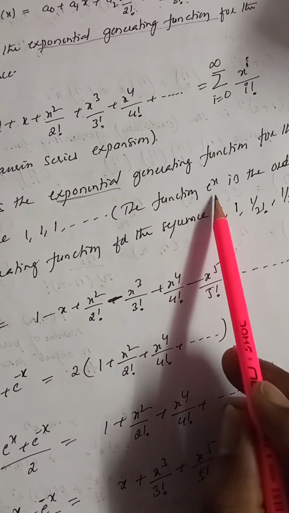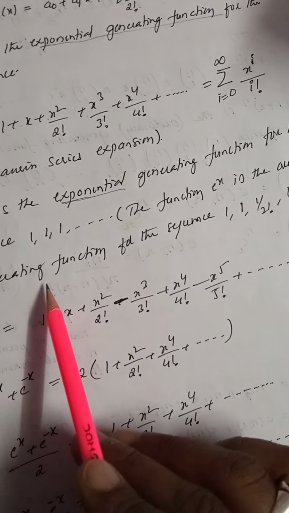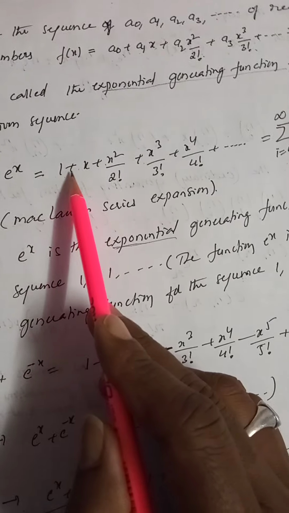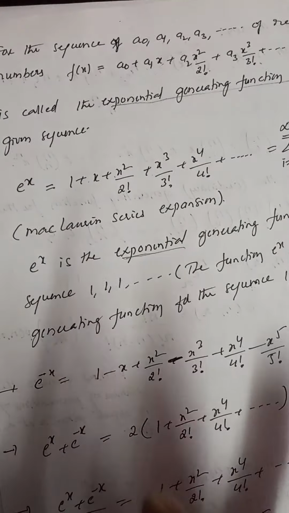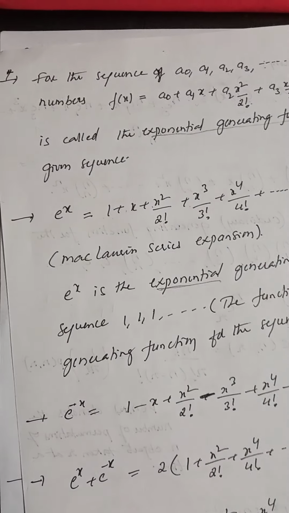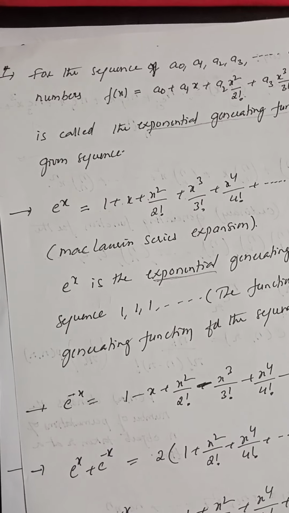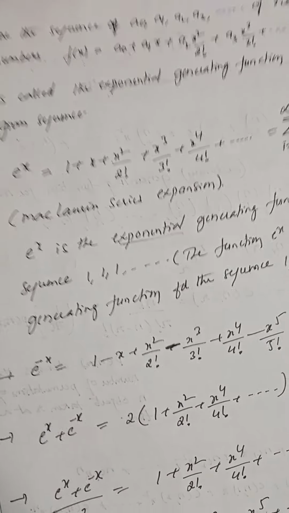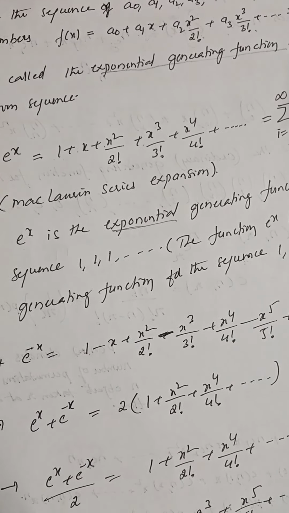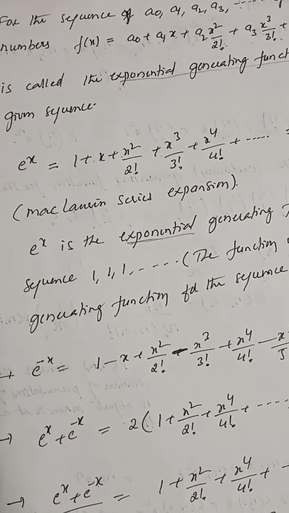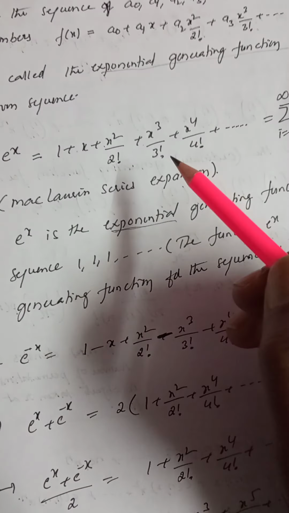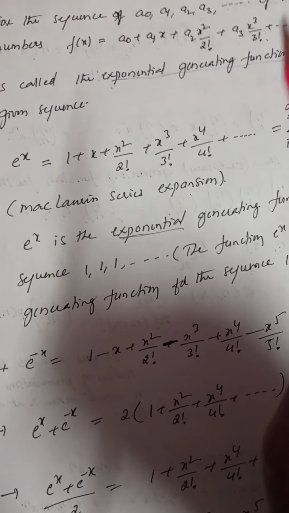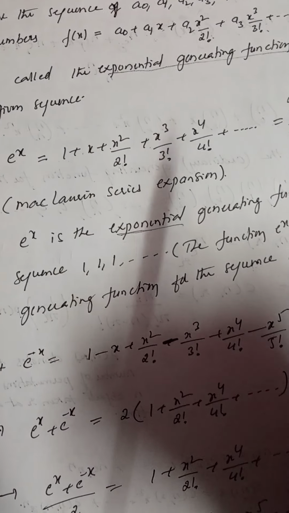The function e power x is the ordinary generating function for the sequence 1, and so on. Here if you want to write a generating function, then we have to write the coefficient of x power 0, x power 1, x power 2, x power 3 and so on. Once again I am repeating that. If you want to write e power x as the generating function, we have to write the x power 0 coefficient, x power 1 coefficient, x power 2 coefficient, x power 3 coefficient.